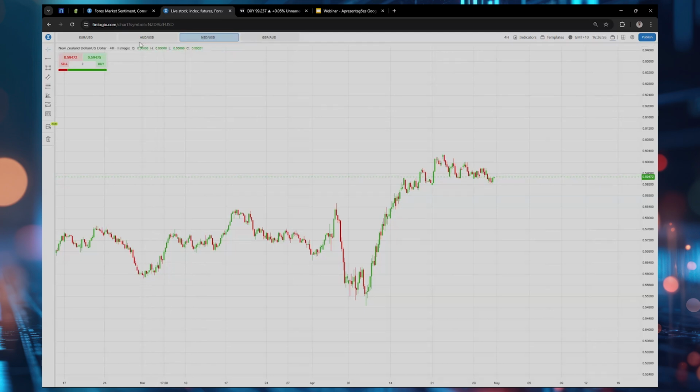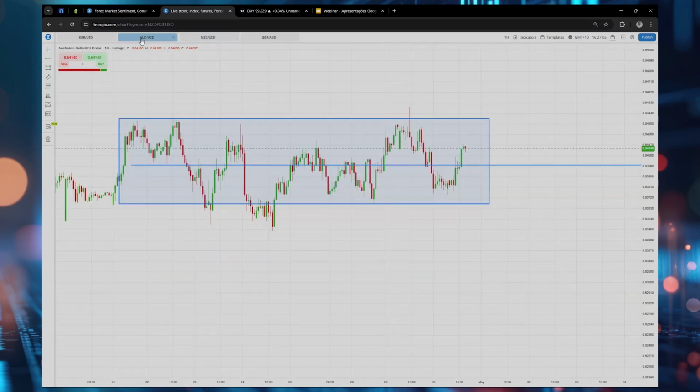So I'd rather choose another one, and I'm probably going to go for Aussie US dollar. So at the moment, certainly we're going to be looking to long Aussie dollar.